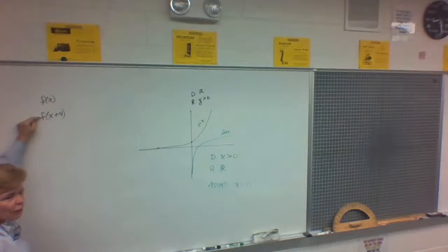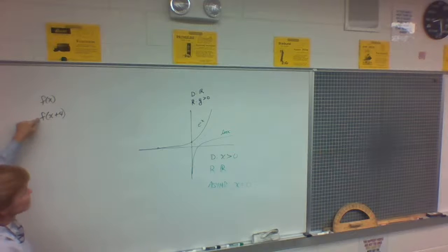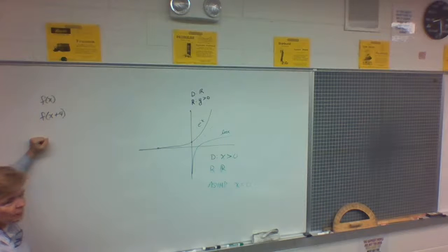Yeah, it'll move it left 4. Does that look familiar to you? And by the way, the reason I'm just putting f of x here instead of something specific is because I don't care if the function is a quadratic, linear, absolute value, exponent, logarithm, I don't care what it is. Replacing every x in it with x plus 4, as you said, will move the whole thing to the left 4. Correct? Okay.